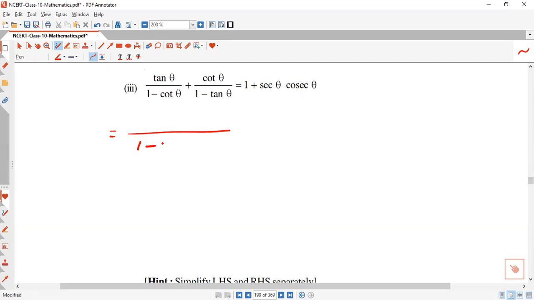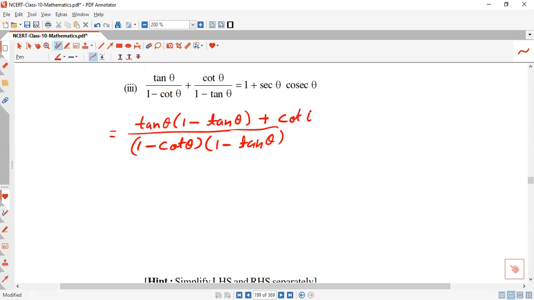Then we are taking the LCM, 1 minus cot theta, 1 minus tan theta. So we are taking multiplications. It will come out tan theta multiplied by 1 minus tan theta plus cot theta multiplied by 1 minus cot theta.